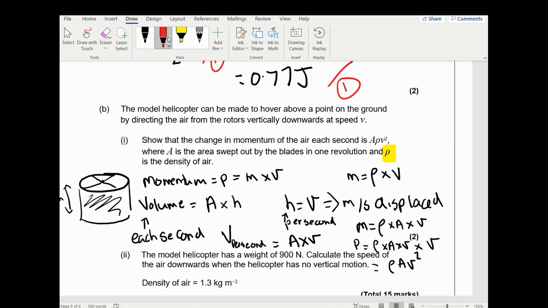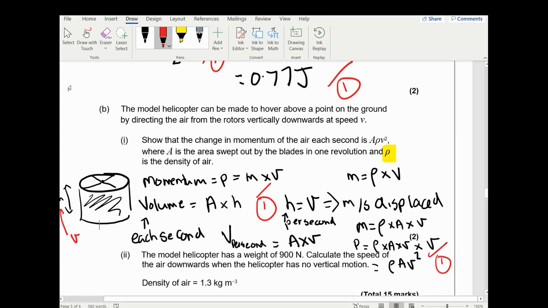Okay, mean question, but I draw diagrams to help me. So the volume each second is area times the height at that second, and the height per second is basically the velocity, because that's the distance per second. So there's only 2 marks available for this, 1 for the actual maths and 1 for sorting it out there.